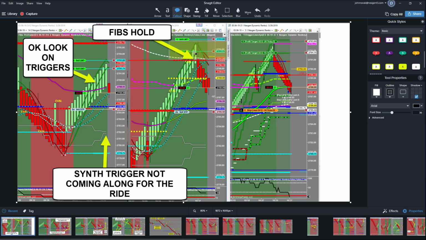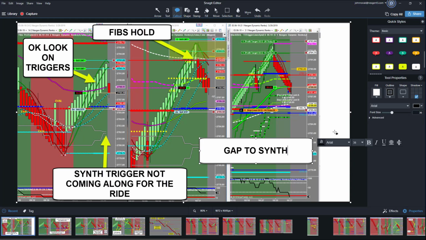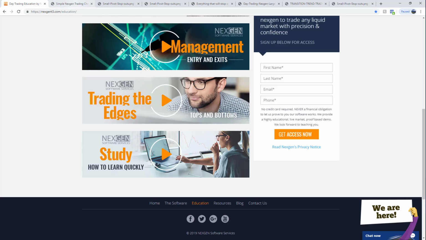So the fibs hold on the small chart with a gap to synthetic triggers, right? So you had a transition, but a big gap, and the small chart holds. Now, it's easy for somebody to go back in history and understand why it failed, right?